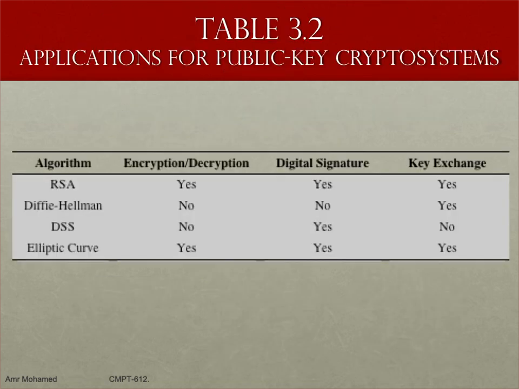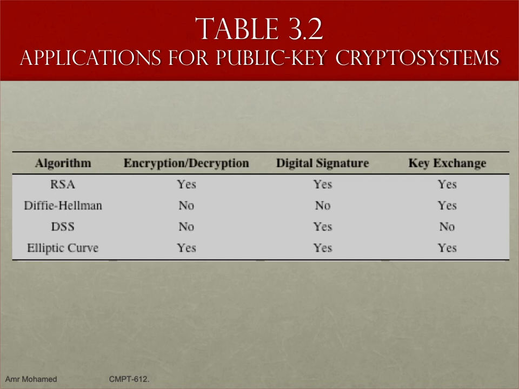So these are the algorithms. RSA is general purpose. You see that it's used for encryption, decryption, digital signature, as well as key exchange. Here, digital signature again refers to the authentication part. Diffie-Hellman, we'll see, is only for key distribution. That's only for key exchange, and we'll talk about why. We'll study Diffie-Hellman and talk about why it's not used for encryption and decryption.